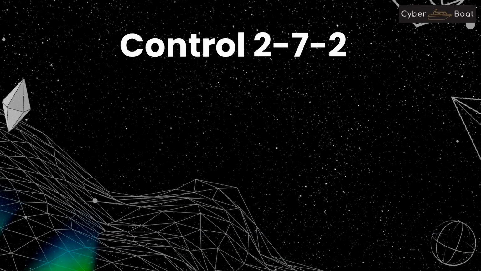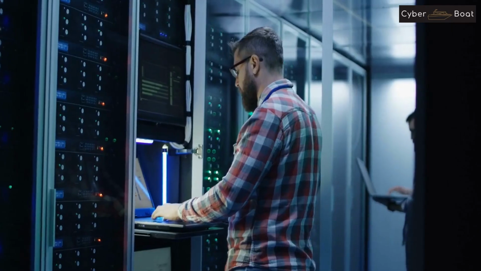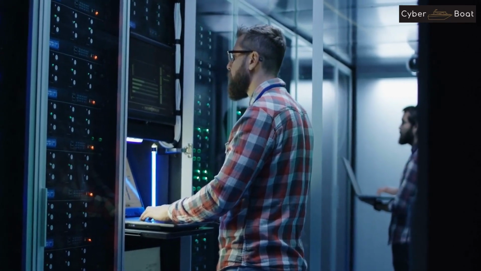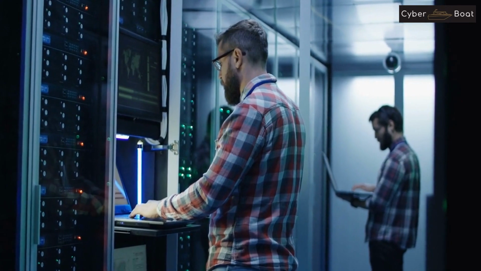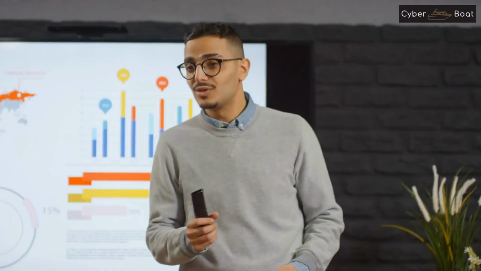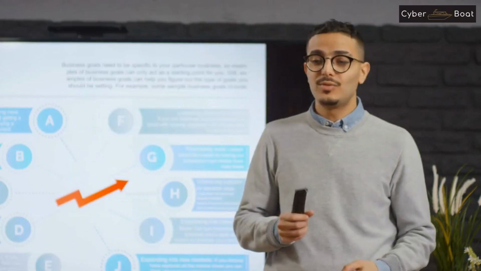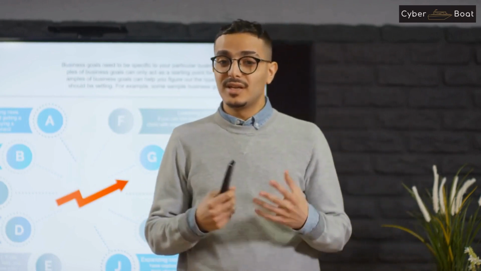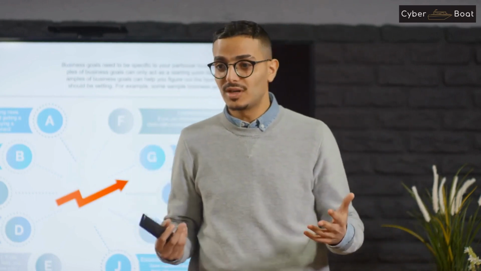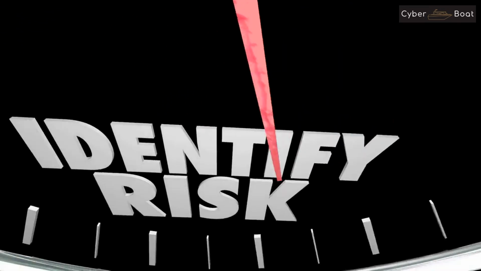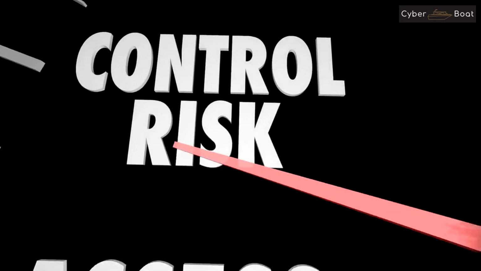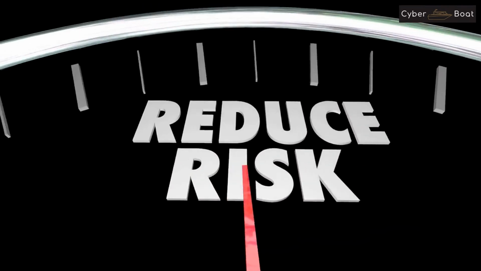Control 2.7.2 is about implementing the cybersecurity requirements for protecting and handling data and information that were defined and approved in 2.7.1. This includes putting in place the technical solutions, policies and procedures, and employee training and awareness programs that were outlined in 2.7.1. One way to implement these requirements is to conduct a risk assessment to identify and prioritize the organization's critical data and information assets.